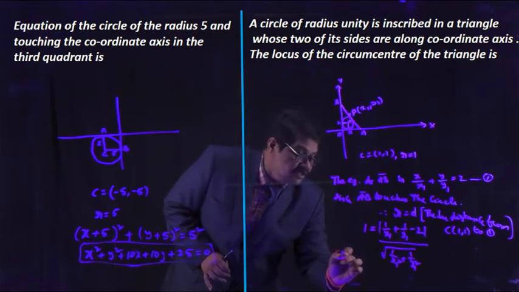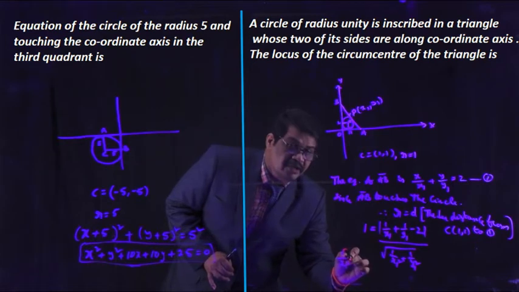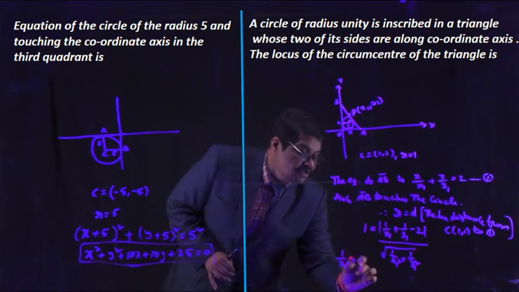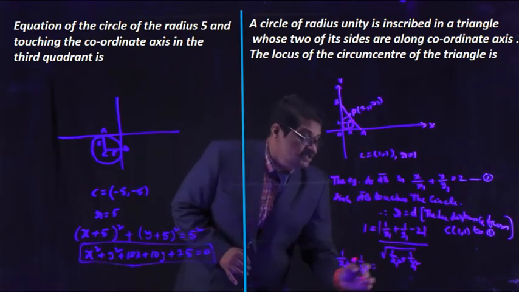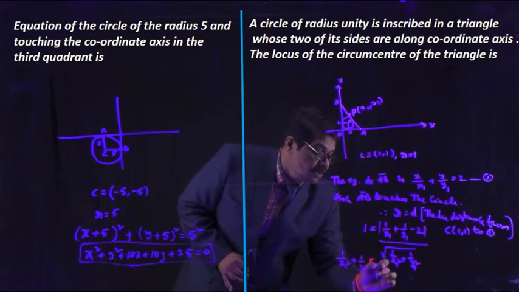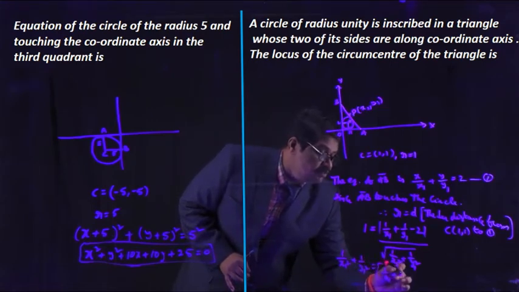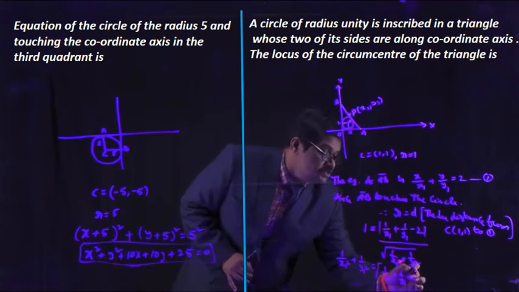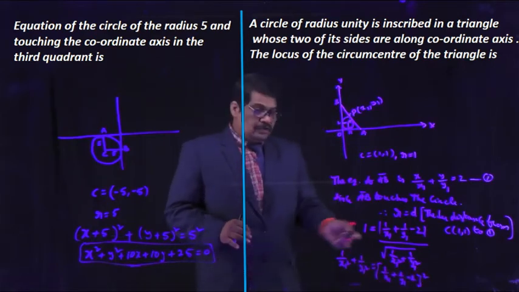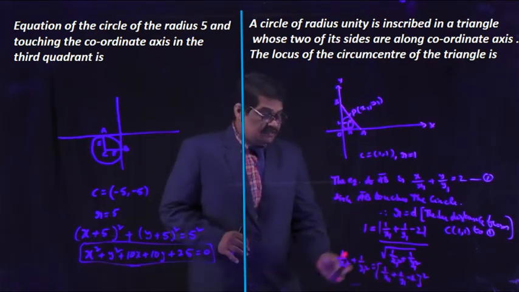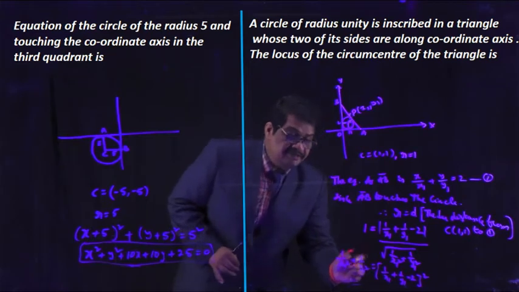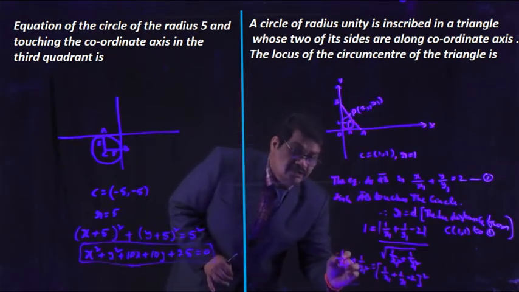Then we are getting 1/x1² + 1/y1² = (1/x1 + 1/y1 − 2)². This root will be cancelled. Here the LCM is x1²y1².